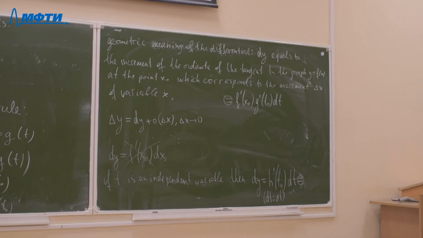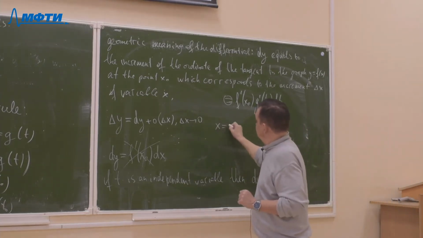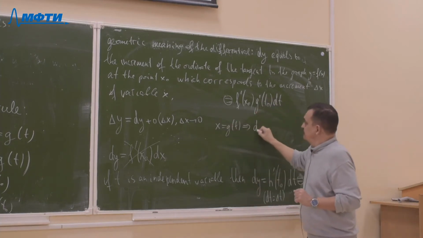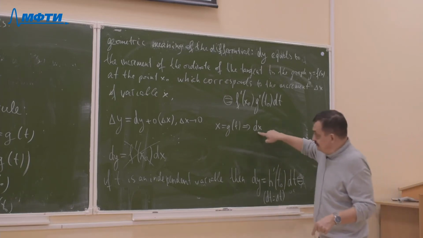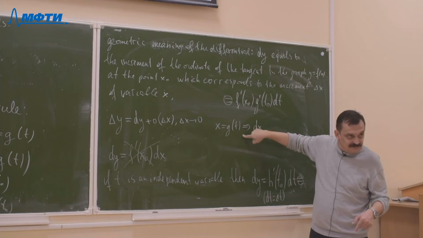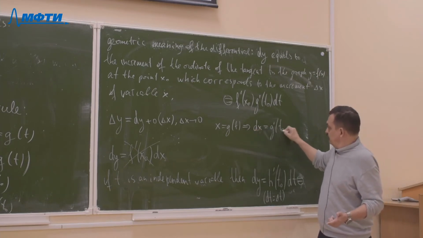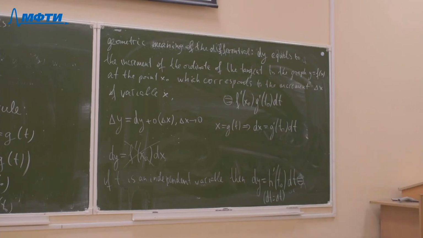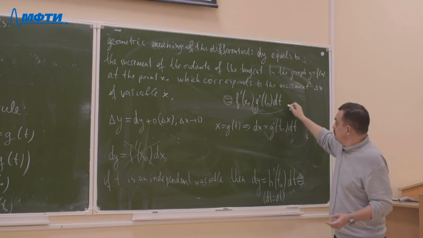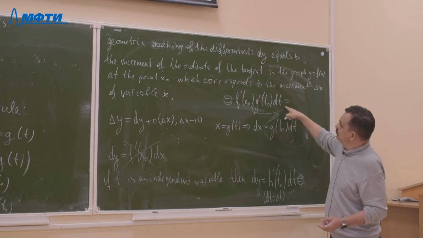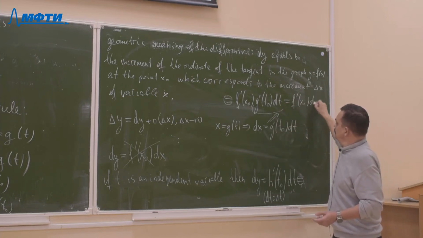But x equals g of t, hence the differential dx. Now we may use this notation dx, but how to understand it? That is the differential of a function. Dx is the differential of this function. What is it? G prime at t naught times dt, right? Now we can use the definition of the differential. So it follows that we can write f prime at x naught times dx.